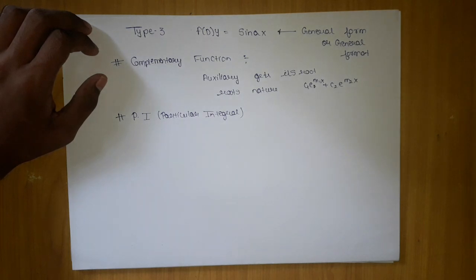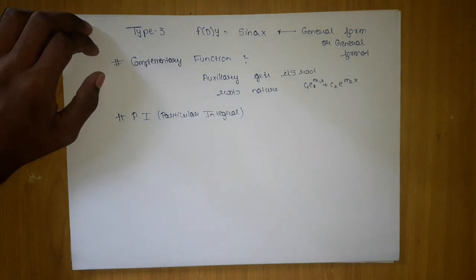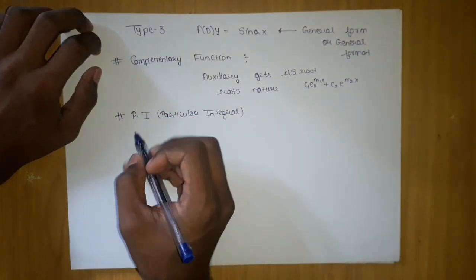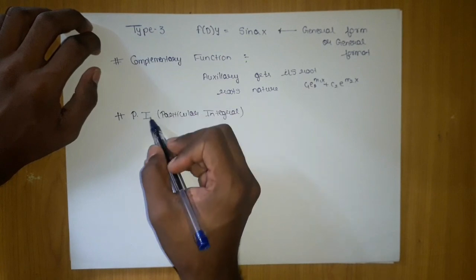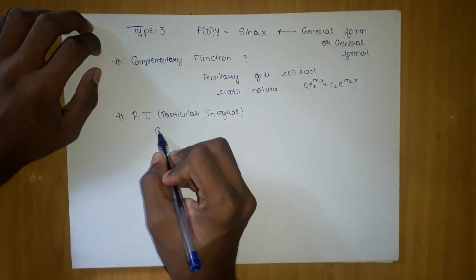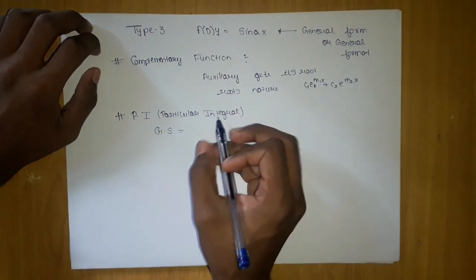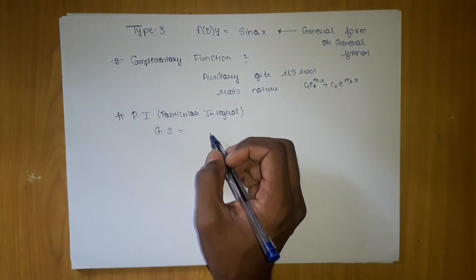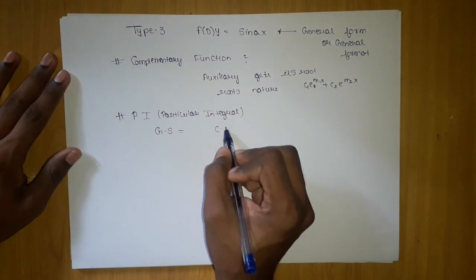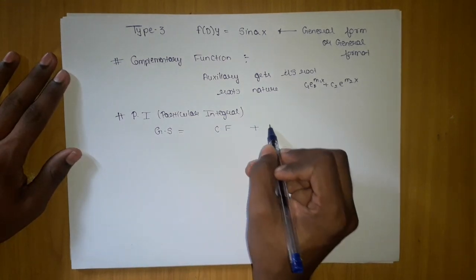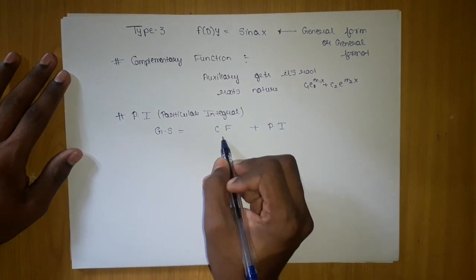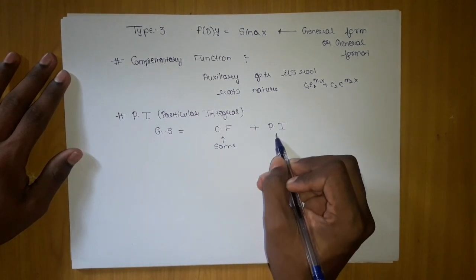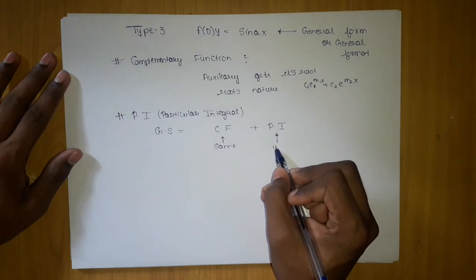You have to keep in mind that the complementary function will be the same. Now, why are we talking about this? Because the general solution of a higher order linear differential equation is a combination of two things: complementary function plus particular integral. Complementary function is always the same from type 1 as we have seen; only the particular integral, which will be different, we have to find.